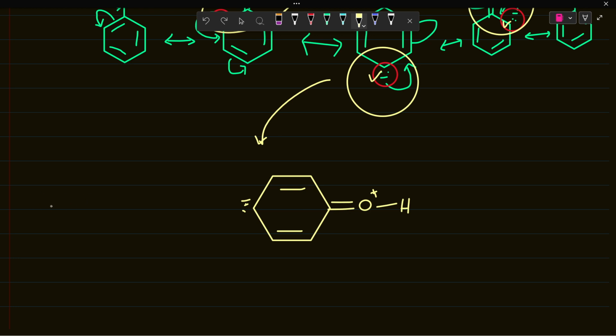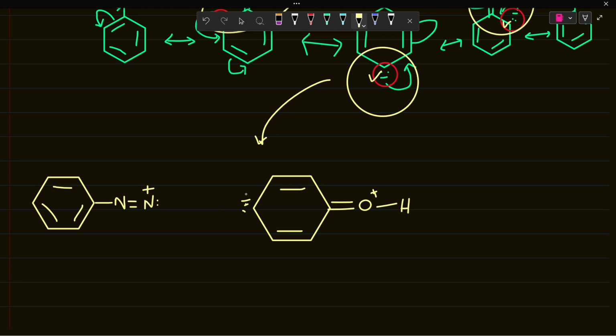Let me also draw our nucleophile, which looks something like this. The nucleophile looks something like this. N double bonded to N, and a positive charge on this nitrogen, and a lone pair over here.